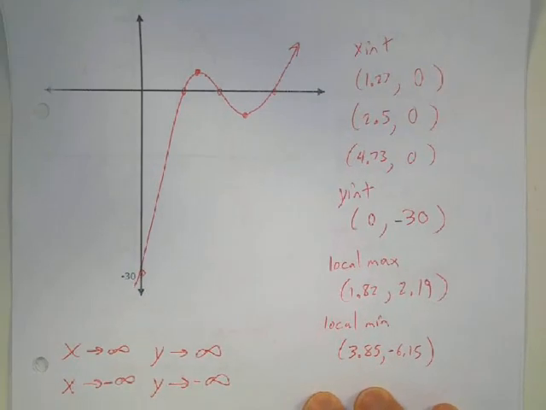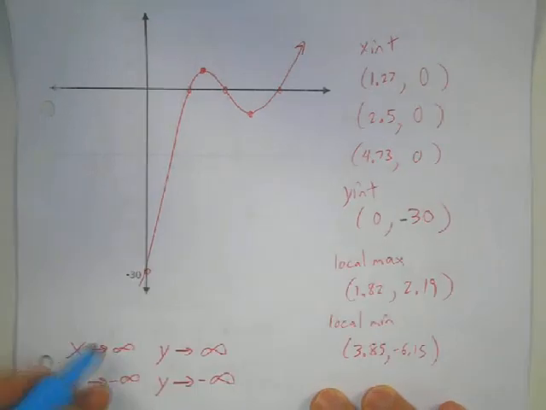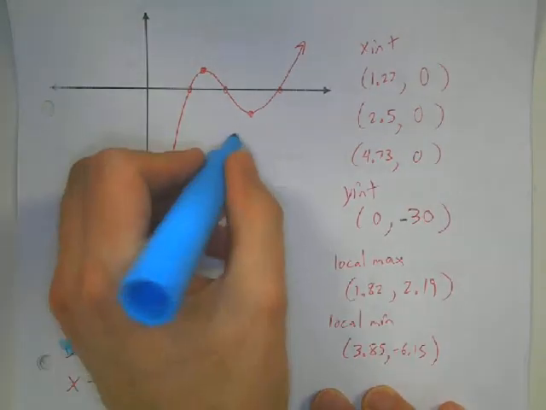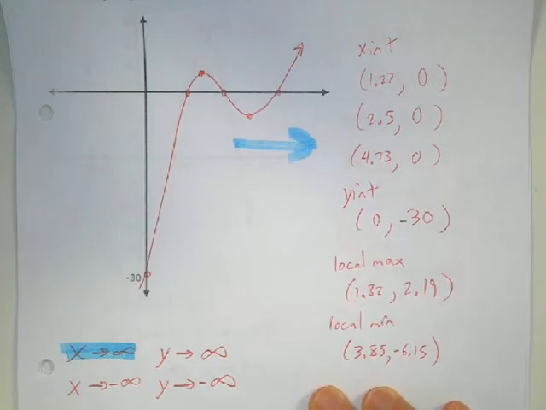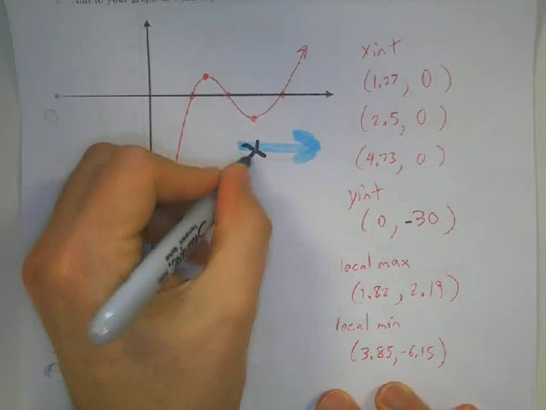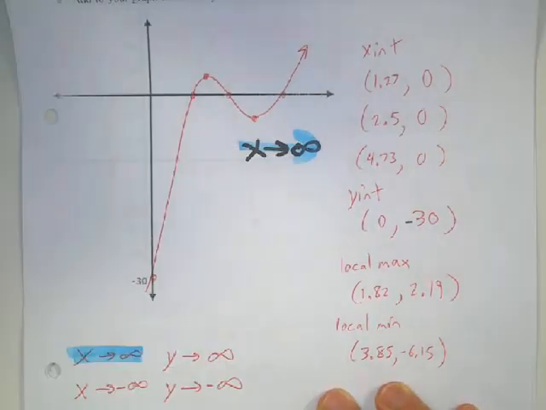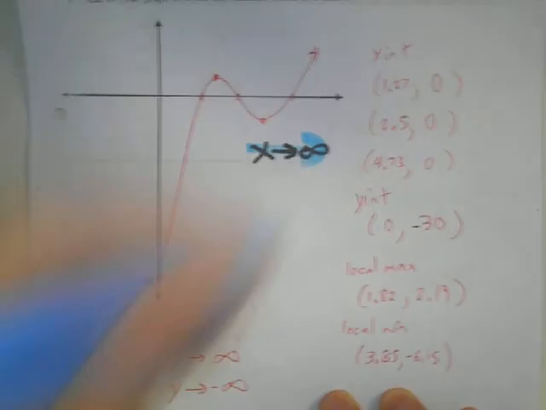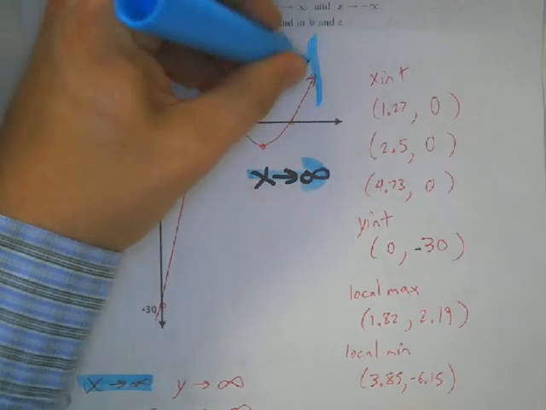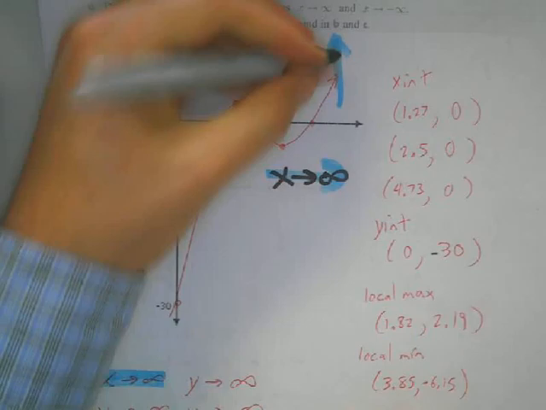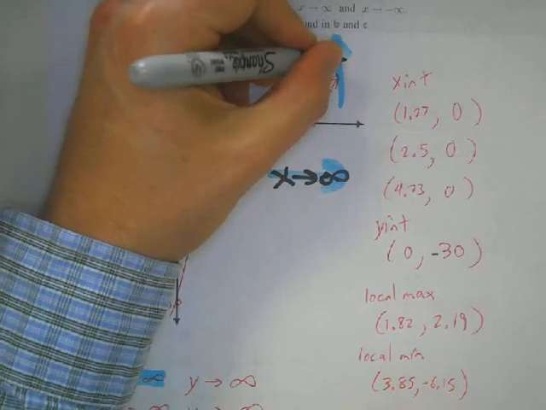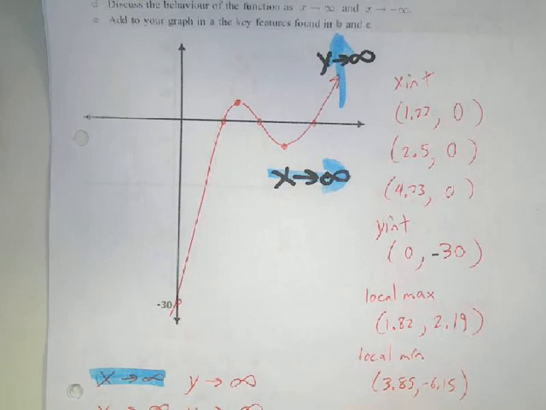What this says is, as x goes to infinity, that means as x goes in this direction, we notice that the y value is going up. So that means y also goes to infinity because it's just going up and up and up.